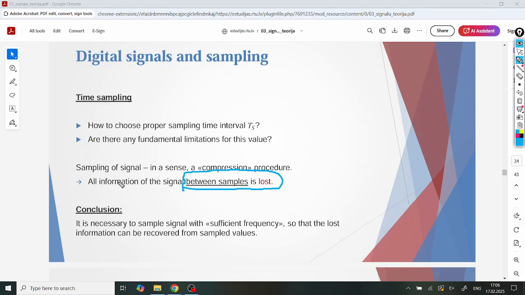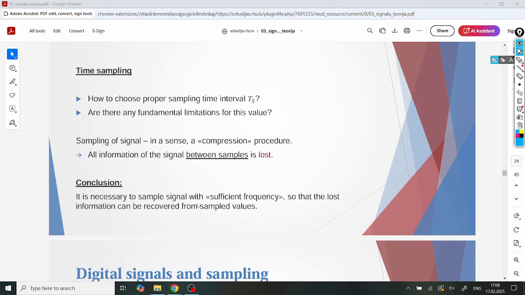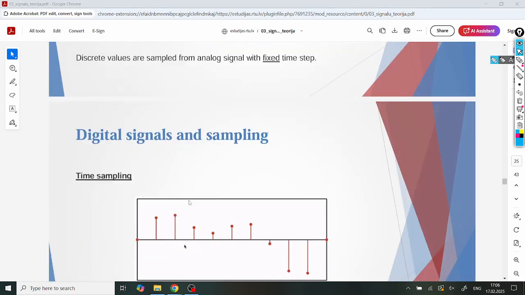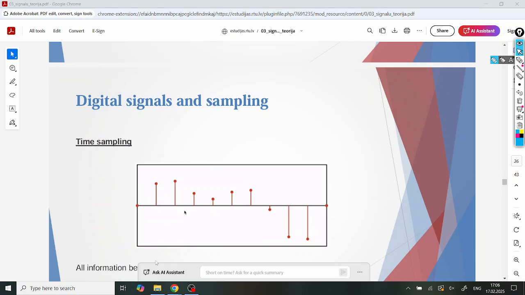So basically, if you have enough of the samples, it is still possible to reconstruct it. So now we have lost all the information between samples, but in this particular situation, it's not permanently lost. It's still possible to recover it back based on these points.